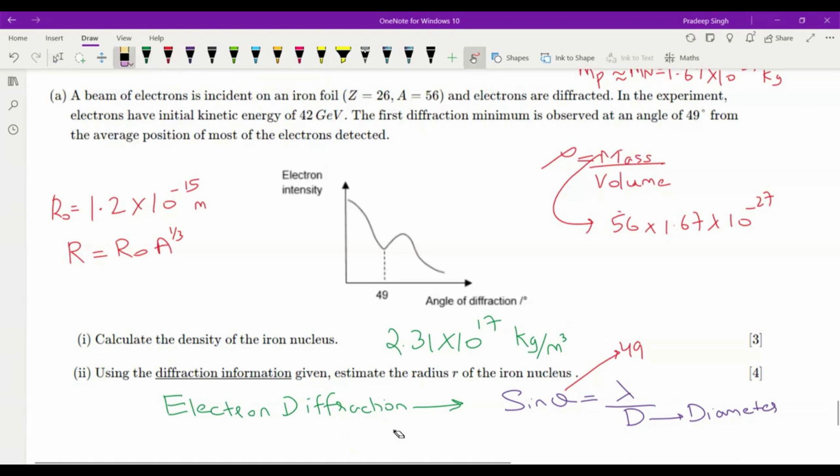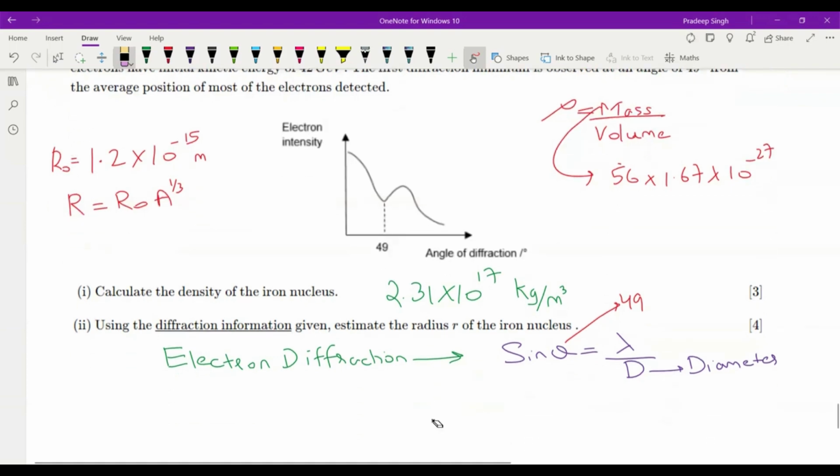E is equal to hf cannot be applied, but there is a formula for other particles which have energy. Okay, so the concept is called de Broglie wavelength. So, Anishka, remember the formula for de Broglie wavelength? Lambda is equal to h upon mv. Oh, so we do need the Planck's constant.